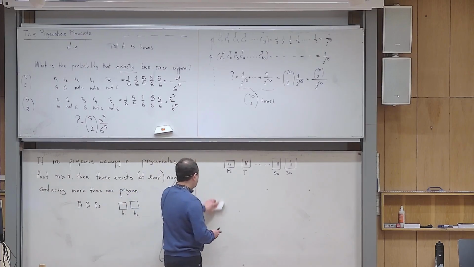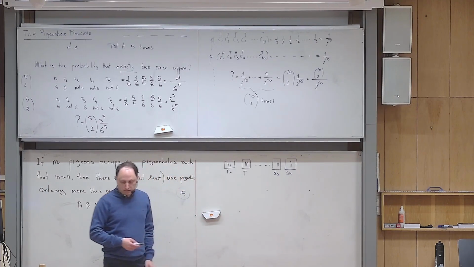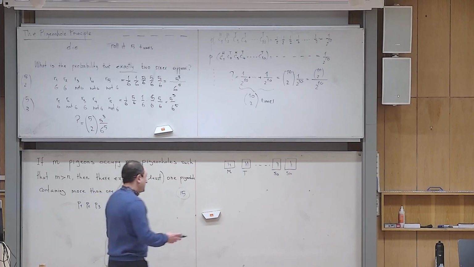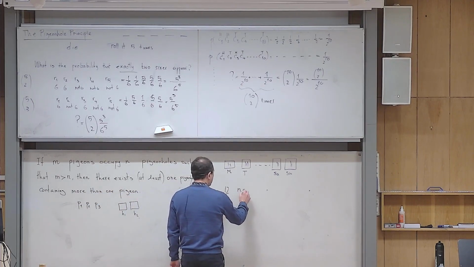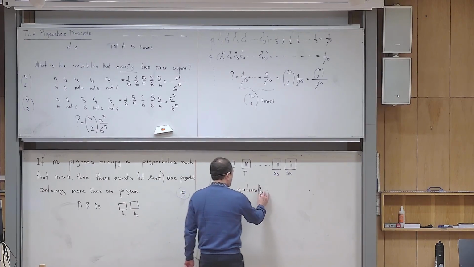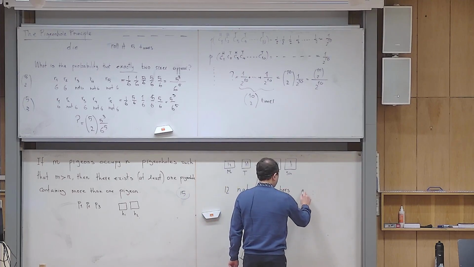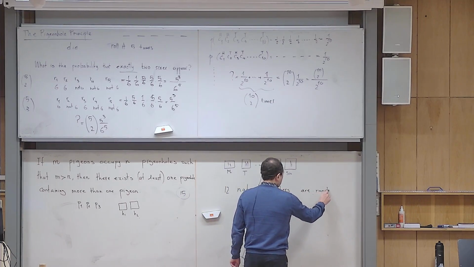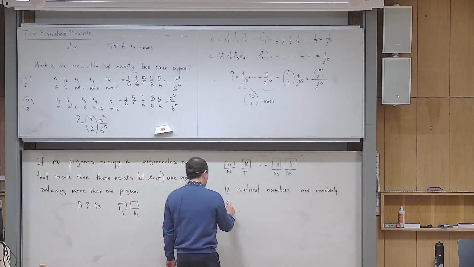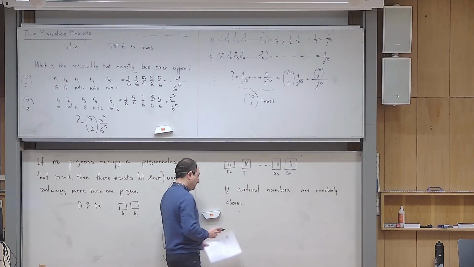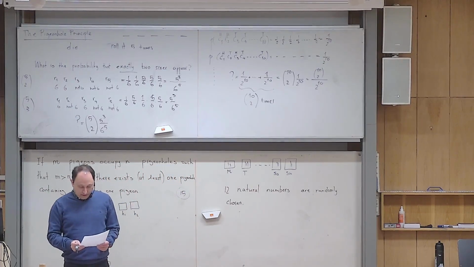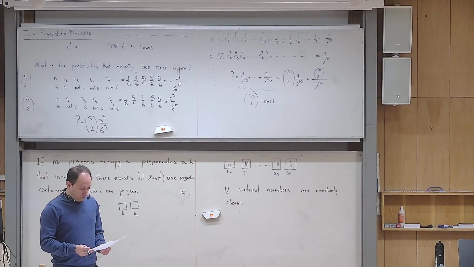Okay, I randomly choose, let me say, 12 natural numbers. 12 natural numbers are randomly chosen. Show that among these numbers, 2 numbers have the same remainder in the division by 8.